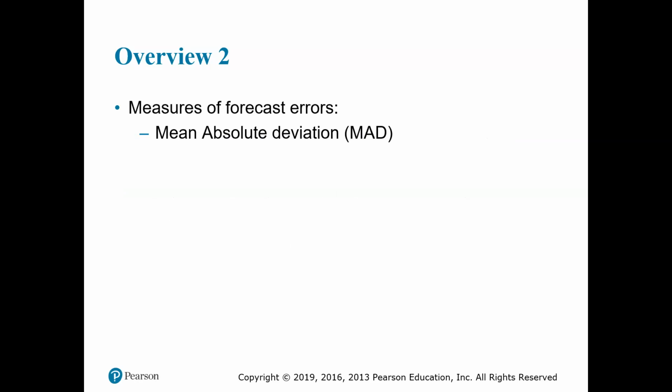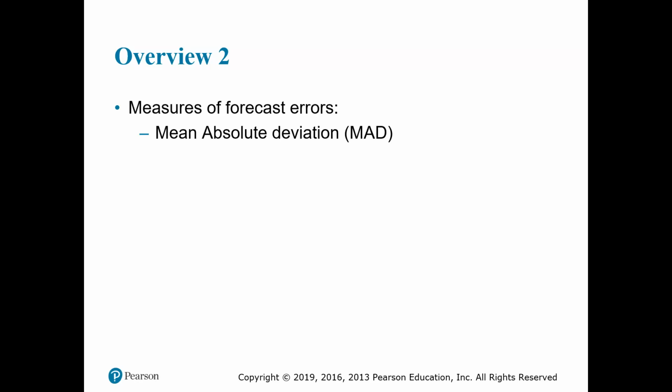There are different techniques to do so. We're going to look at one of them called the mean absolute deviation. Deviation means a difference. It's the difference between the forecast and the actual value. Absolute makes all those values positive, so it doesn't matter if we go forecast minus actual demand or demand minus forecast.